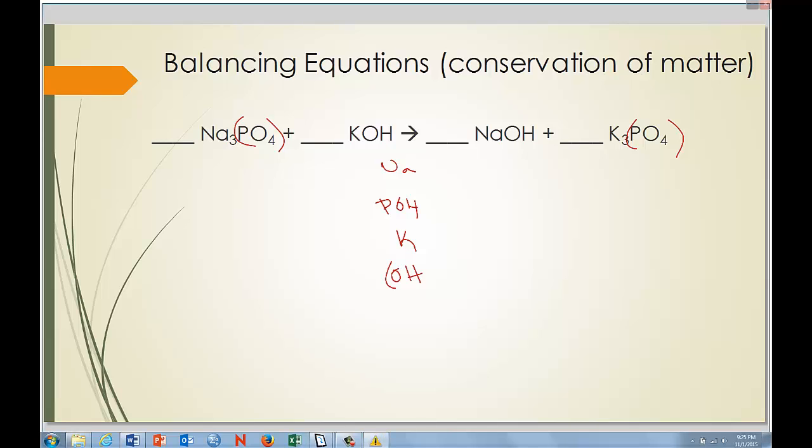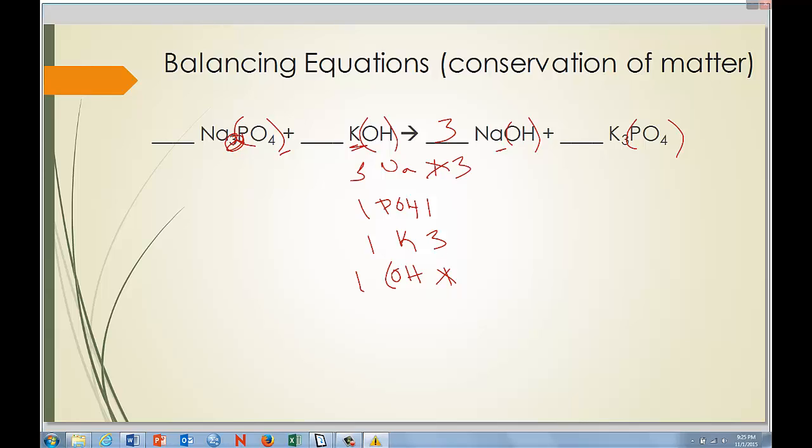Alright, so Na, I have 3 at the beginning, and I only have 1 on the right. PO4, I have 1 PO4 on the left and 1 on the right. K, I have 1 on the left and 3 on the right. And OH, I have 1 and 1. So let's look at the sodiums. First, I have 3 here and 1 here, so I'm going to multiply that by 3. That changes that OH to 3.